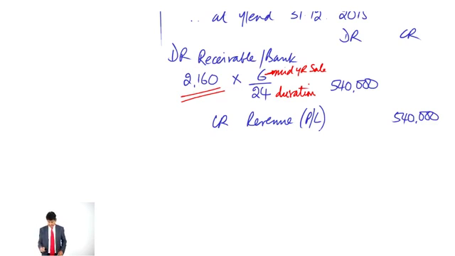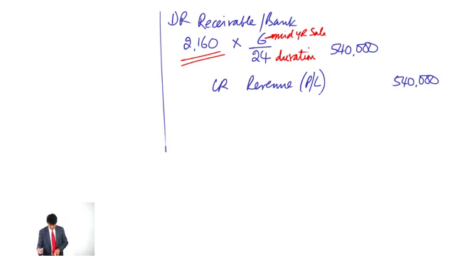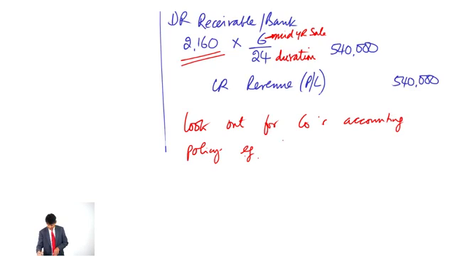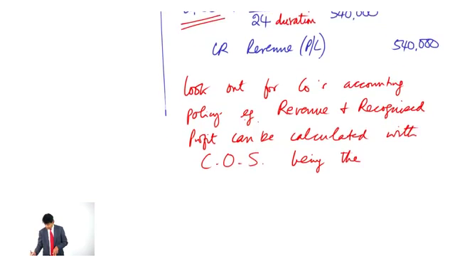540,000. And don't forget, in the exam you will get detailed instructions about how to work out how much profit to take for contracts, etc. So look out for companies' accounting policy, e.g., revenue and recognized profit can be calculated by you with cost of sales being the balancing figure.